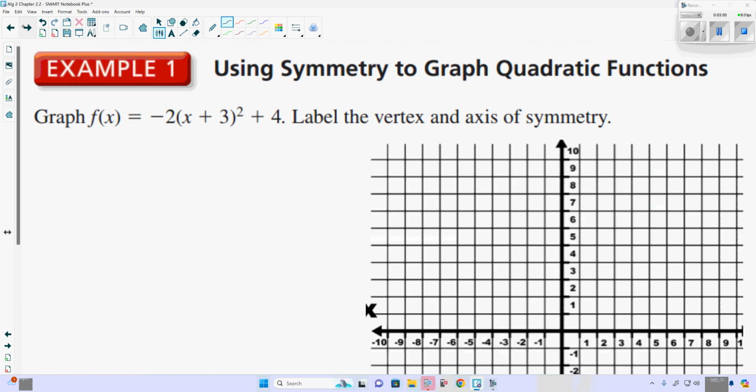So let's see how this looks in an actual problem. So we're given this equation here. f of x equals negative 2, parentheses, x plus 3 squared plus 4. We want to find the vertex and axis of symmetry. Now for this one here, I'm going to write the general form underneath.